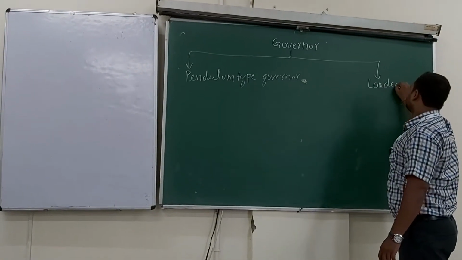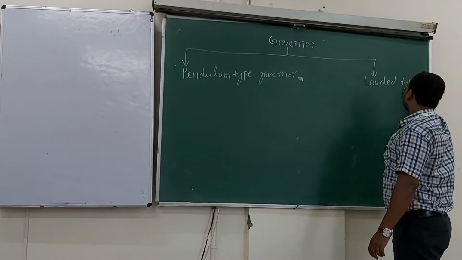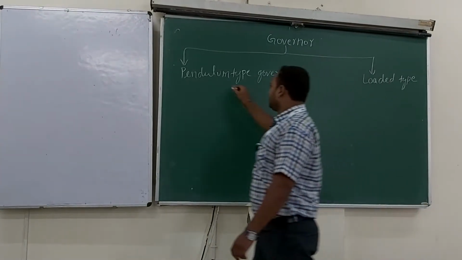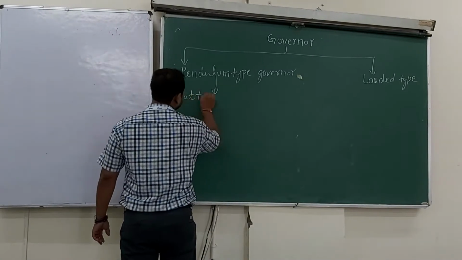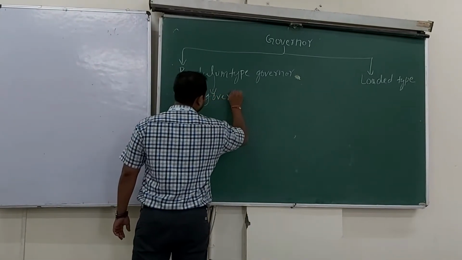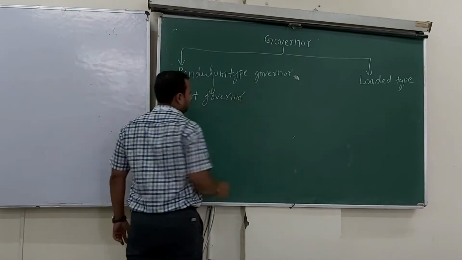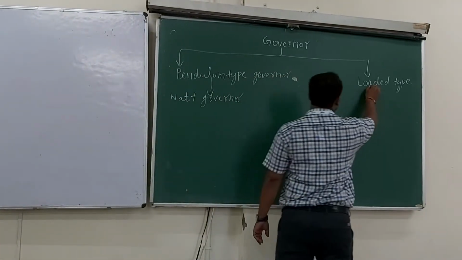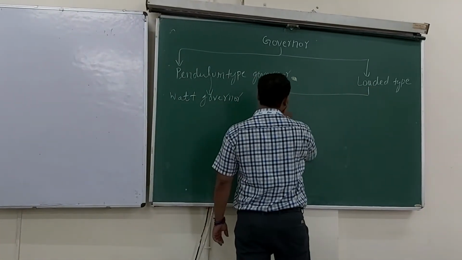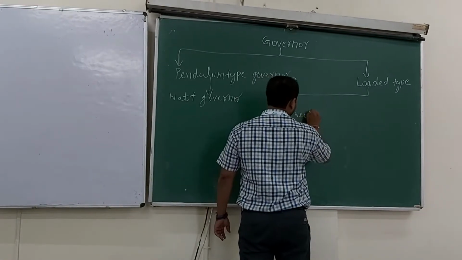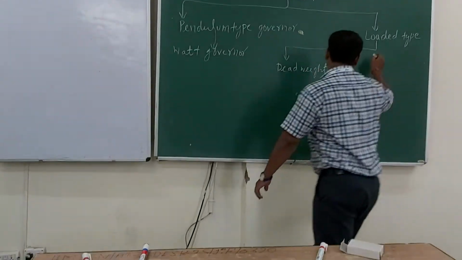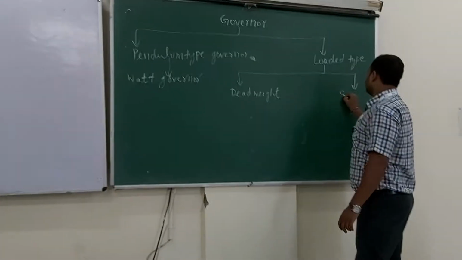The other is the loaded type governor. In the pendulum type governor, we study the Watt governor. And in the loaded type governor, we study two kinds of governor. One is the dead weight governor, another one is the spring controlled governor.